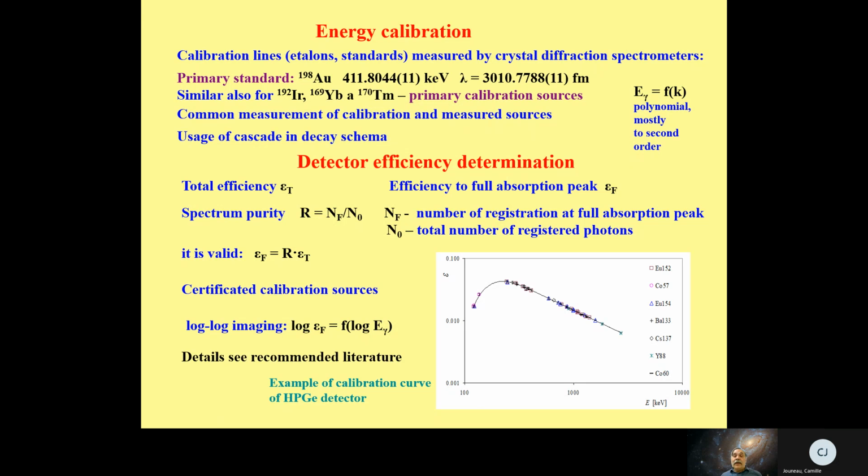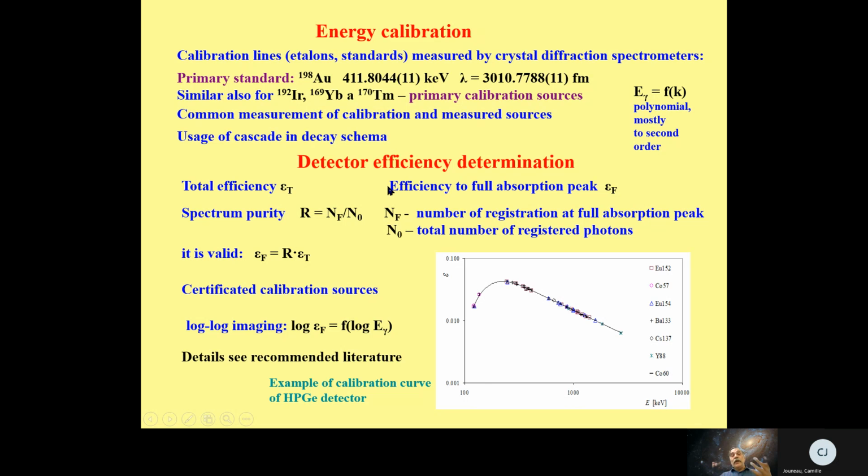In any case, this is not a big polynomial which is necessary. Mostly these electric devices which convert this energy to the spectra in channels are very near to linear.